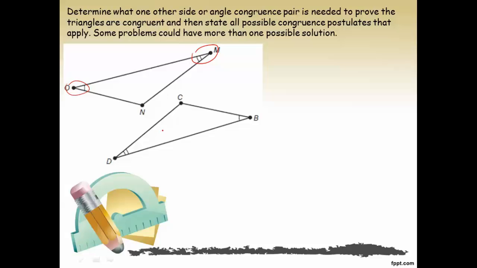Since I'm learning about angle, angle, side, and HL here, if I can prove ON is congruent to CB, or I could say NM is congruent to CD, then I could use the angle, angle, side theorem to prove these two triangles are congruent.